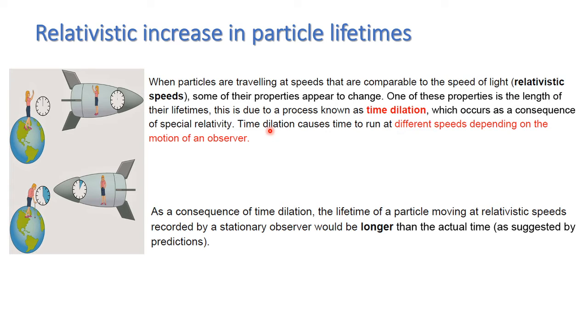This is due to an effect known as time dilation, which occurs as a result of special relativity. Time dilation causes time to run at different speeds depending on the motion of an observer. This is based on Einstein's theory of relativity.